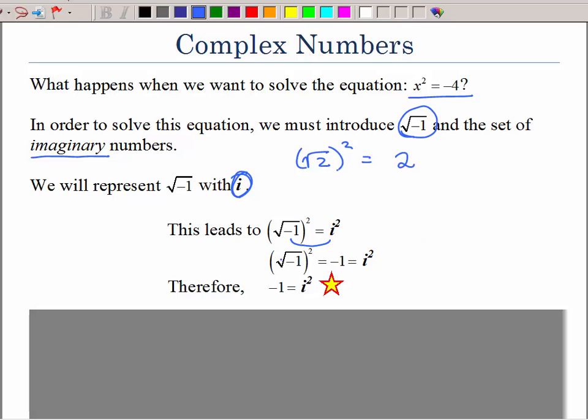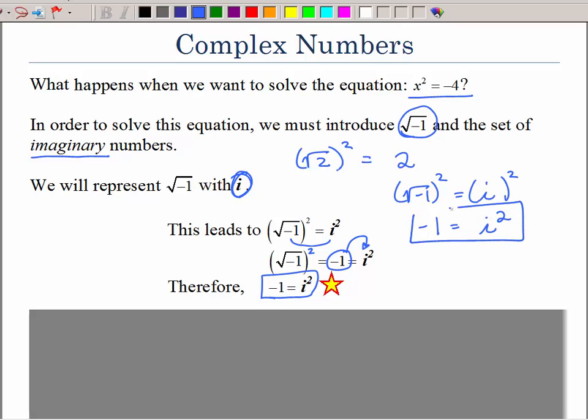We also know when we take a square root and we square, they cancel each other out, so I would just get negative 1, which means negative 1 equals i squared. Now let's say that again. If the square root of negative 1 is i, and I square both sides, that's really what's happening. When you square a square root, that goes away, and that's just i squared. That little fact right there is going to become very important in this lesson.